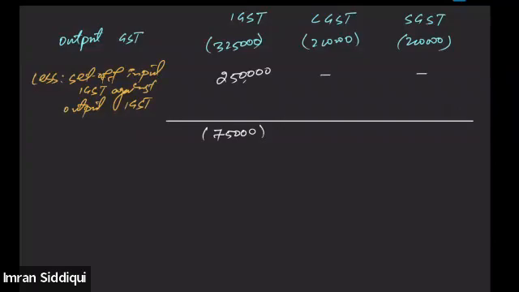And under output CGST will be 2 lakh and 2 lakh as well. Balance.